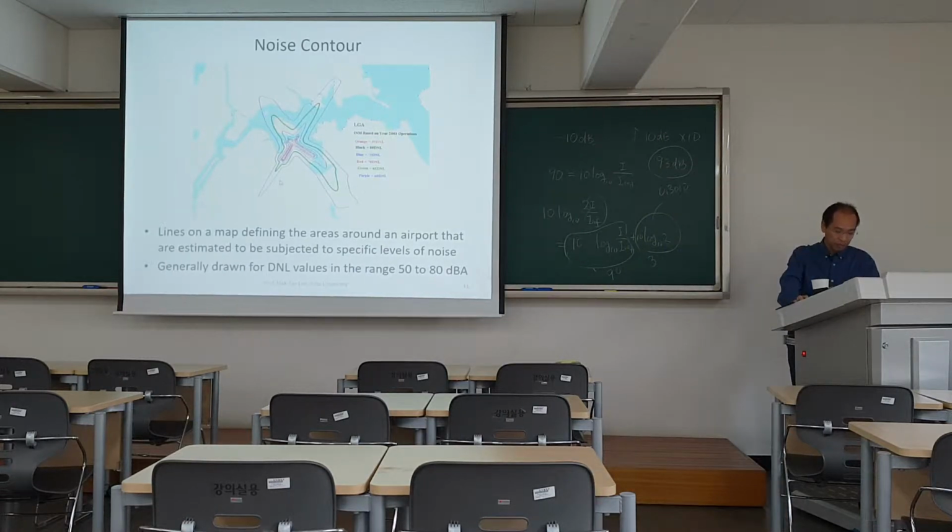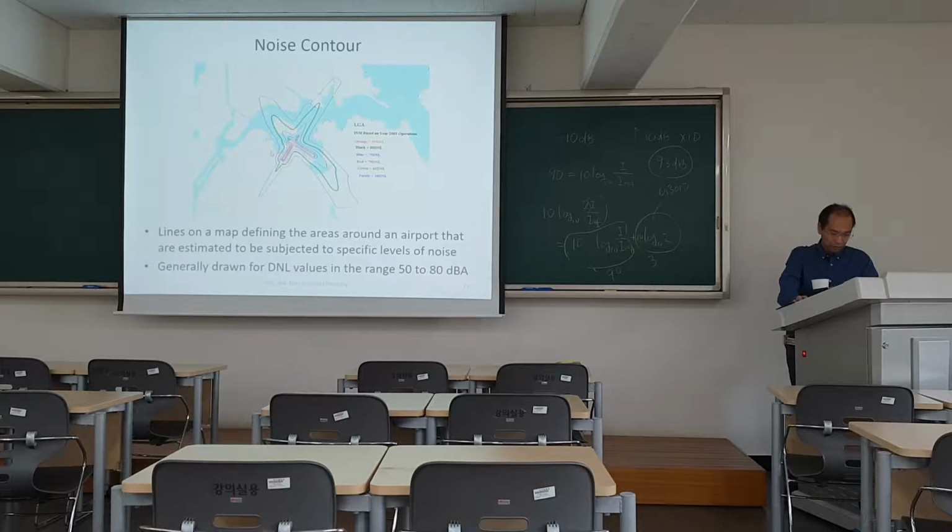So you can expect that as you get farther away from the airport, the DNL level will be smaller. This outermost line in purple is the contour of DNL of 60. It is aligned with the runway direction because the airplanes operate this way.